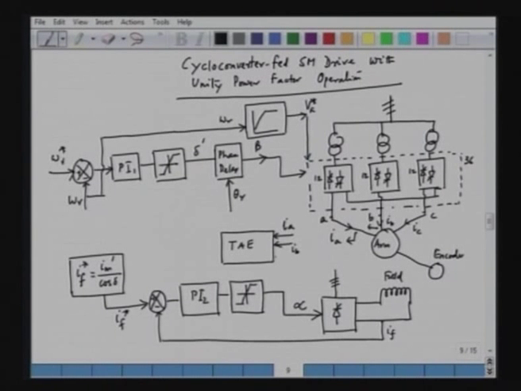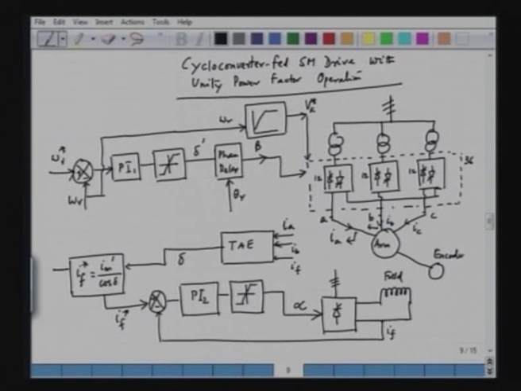And we also have the feedback of the field current If. So, from Ia, Ib and If we can calculate the torque angle, and this torque angle delta will be input to this field current reference generator block. So, If star equal to Im prime by cos delta, and delta is obtained from the torque angle estimator.